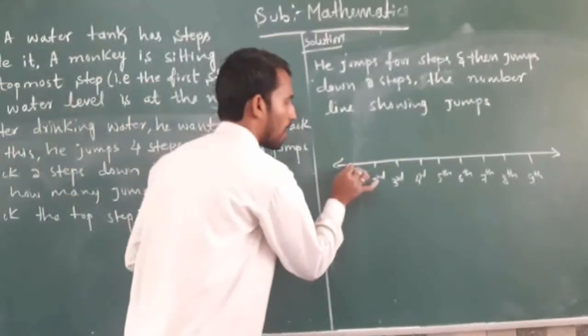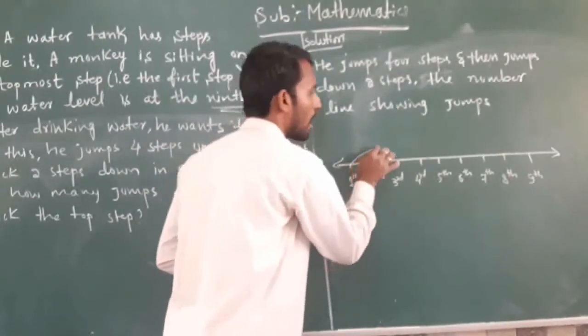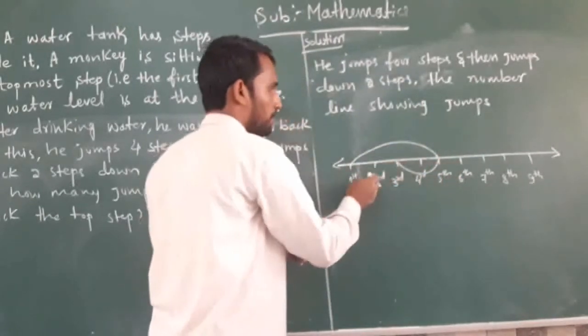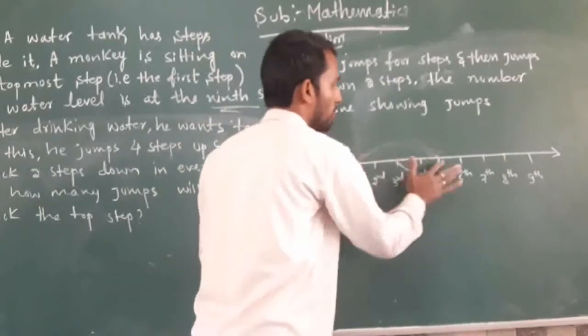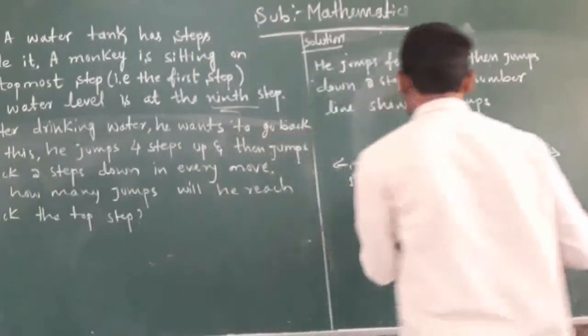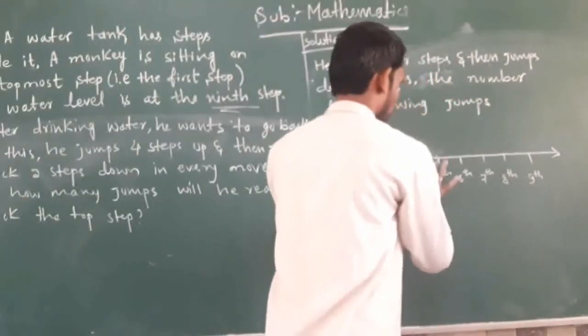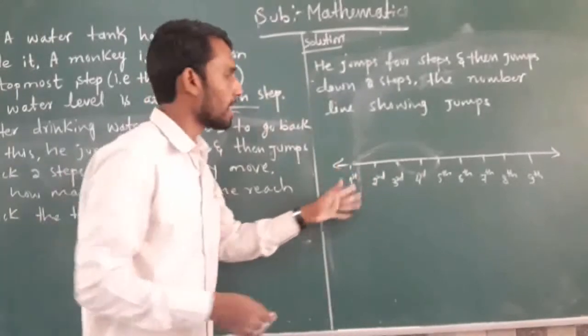See here, 1, 2, 3, 4. This is the upside. Again jumping backside 2 steps. Okay. See, I will show. See that monkey. See here, this number showing the monkey jumps.